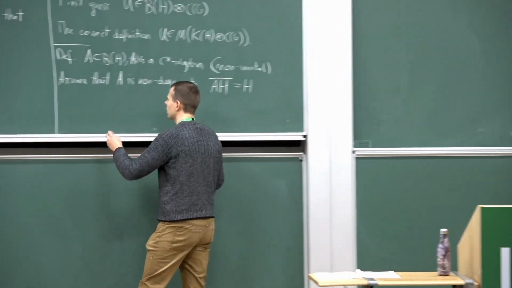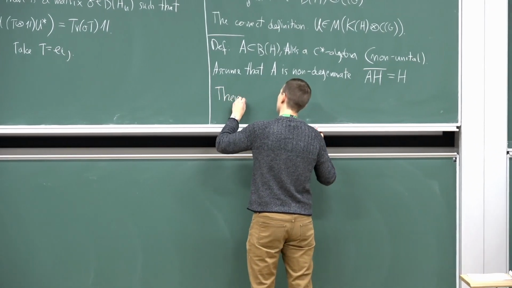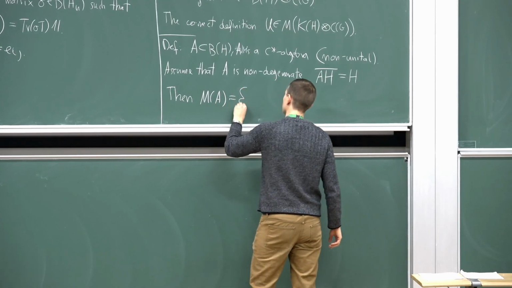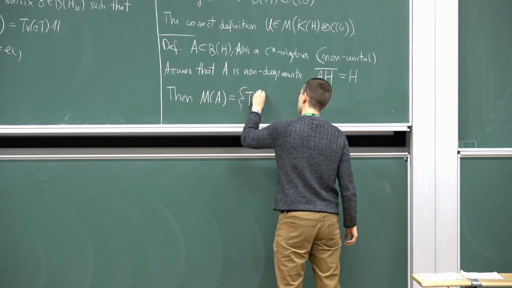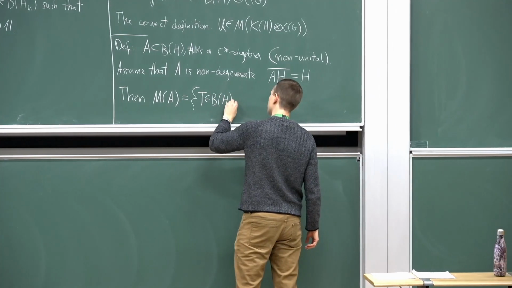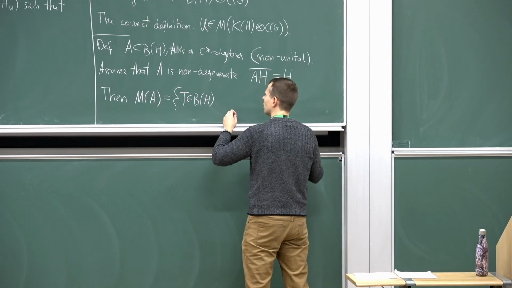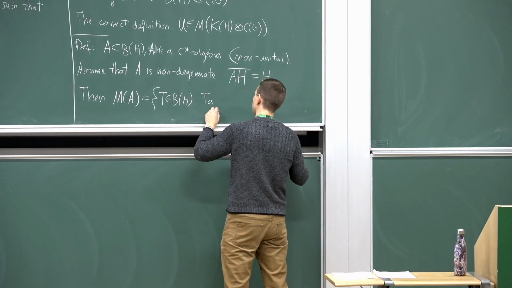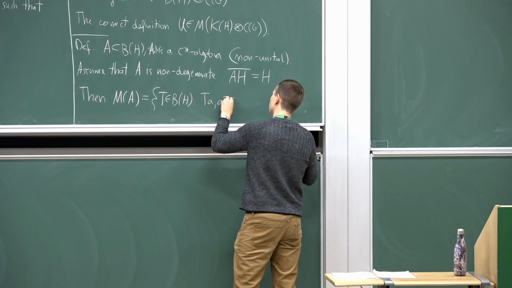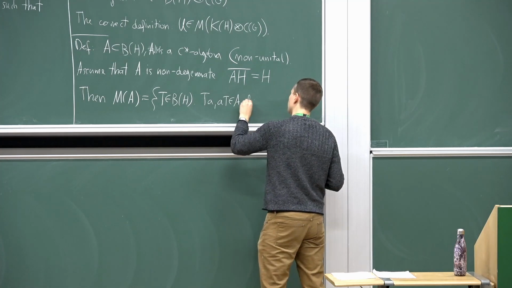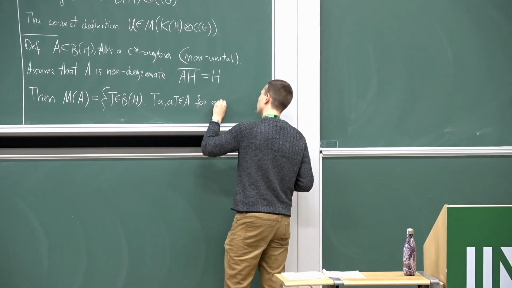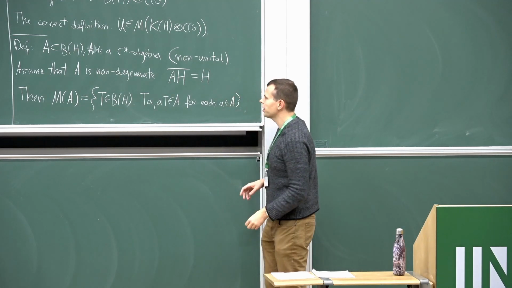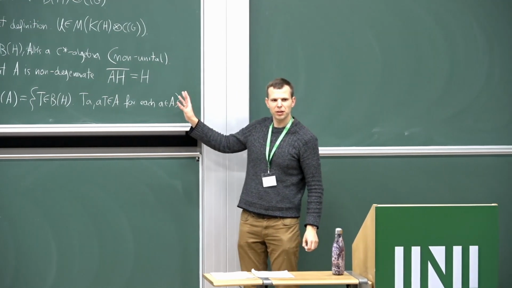And then the multiplier algebra consists of those operators T in B(H) such that TA and AT belong to A for each A in A. Maybe a quick test whether this definition is understandable.